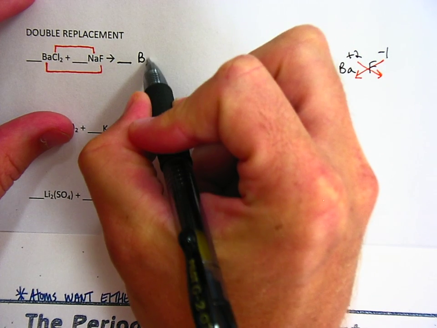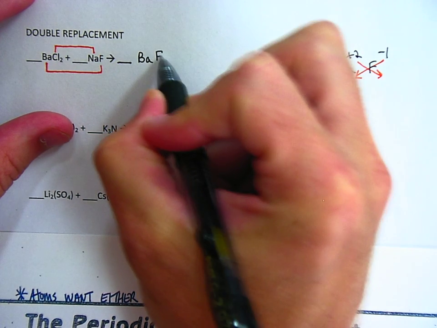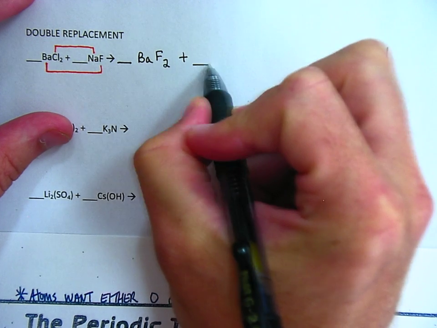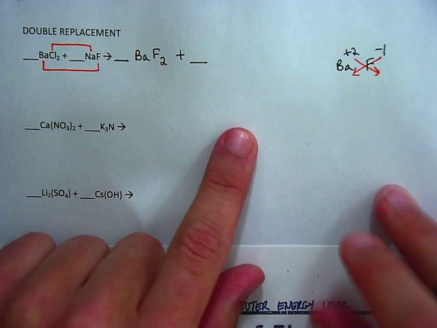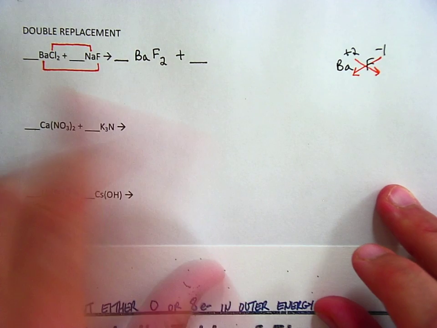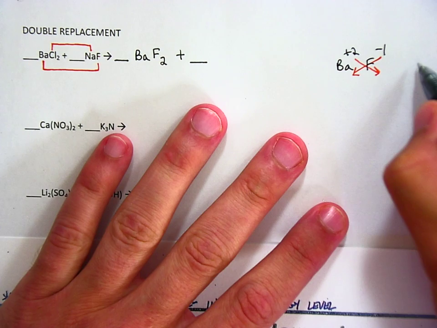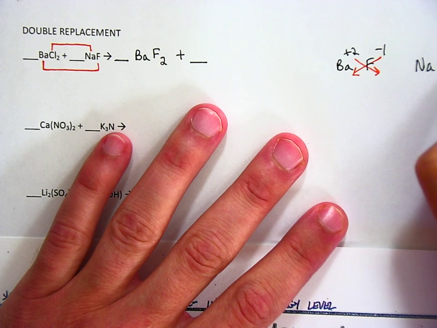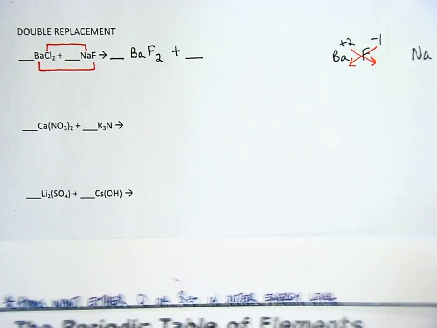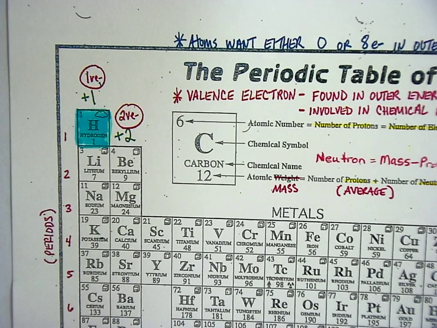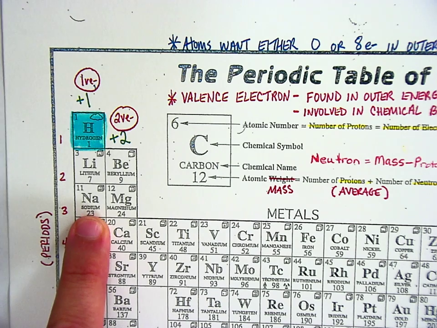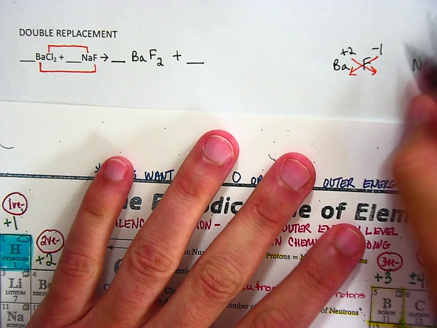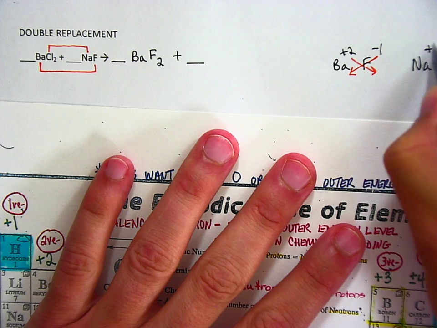So Ba and F2. And then we'll predict the other product, which is our innies, Na and Cl. So we'll look those up. So you have sodium, Na, and Cl. So on the periodic table, here's Na, sodium, it gets a +1 charge. Write that above it.